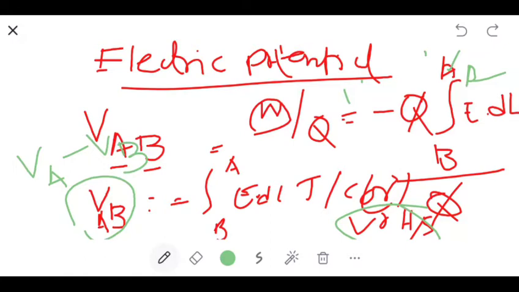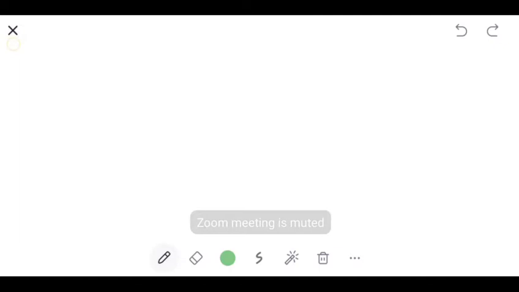The electric potential is a scalar quantity. Voltage is always a scalar quantity. VA and VB are absolute potentials.